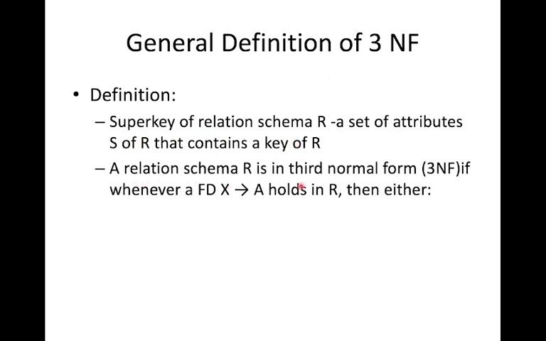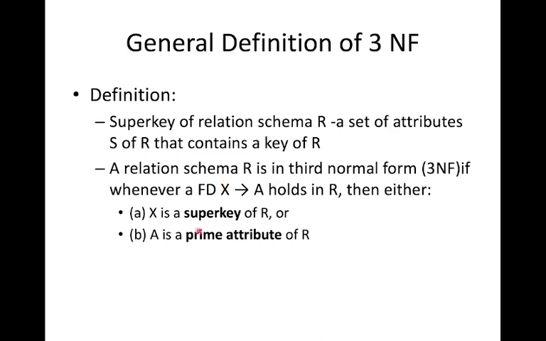A relation schema R is in third normal form if, whenever a functional dependency X to A holds in R, then either X is a superkey of R or A is a prime attribute of R. So this is the condition for third normal form.